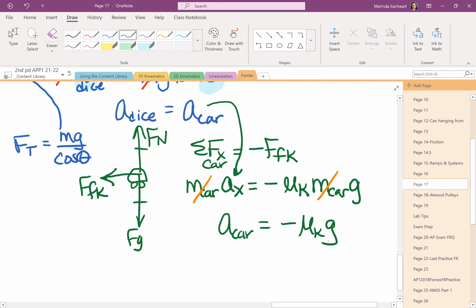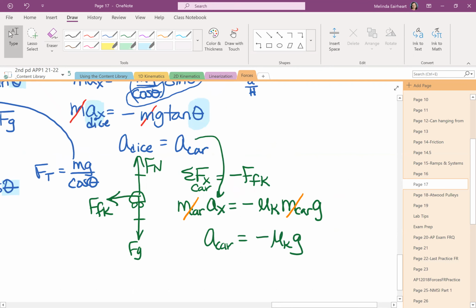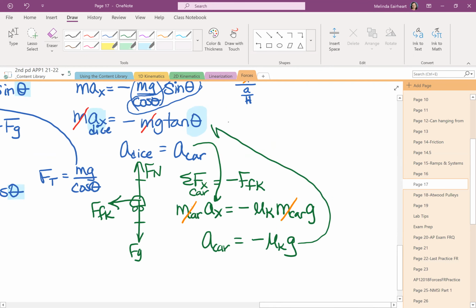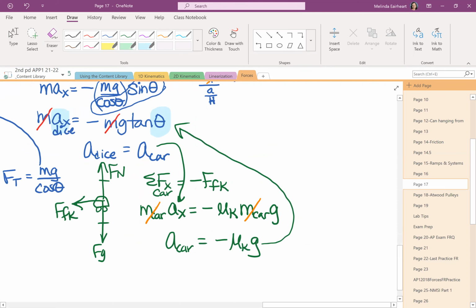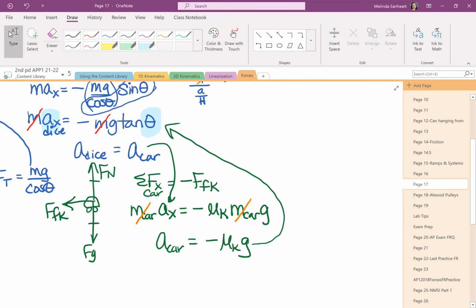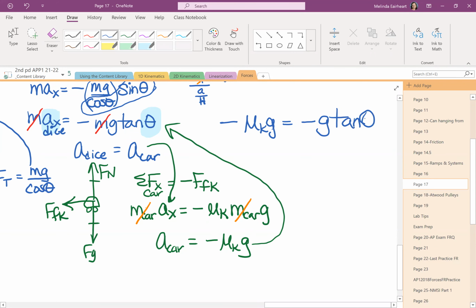Now, whether we take that and plug numbers in, or maybe we go ahead and plug it in up here. So now I'm going to go back to blue. If the accelerations of the dice and the car are equal, then I can say a negative mu k g, that's the acceleration, equals a negative g tan theta. Oh my goodness gracious.